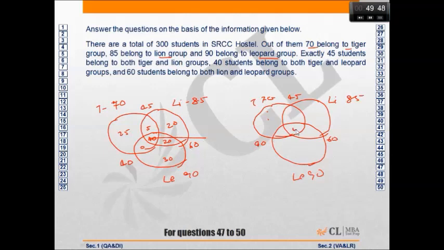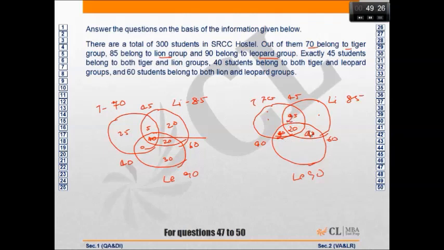If minimum is 0 out here, this will be 60, this will be 40 and this will be 45. So 60, 45 makes it 105, but this is 85. So 85, 45, 20, the gap is 20, so let me make this 20. So if this is 20, this will also be 20, this will be 40 and this will be 25.